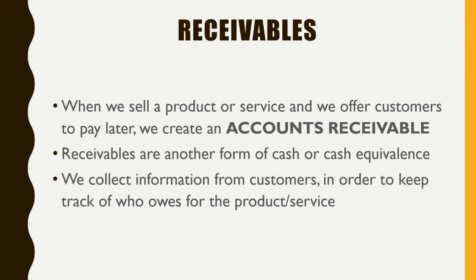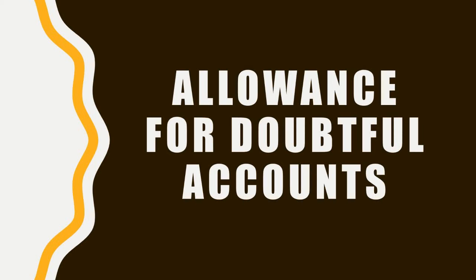Also remember, when you create an accounts receivable, you also have to put incentives in place, or some kind of company policy, to collect your debt if they miss their payments. This is where we talk about the allowance for doubtful accounts.